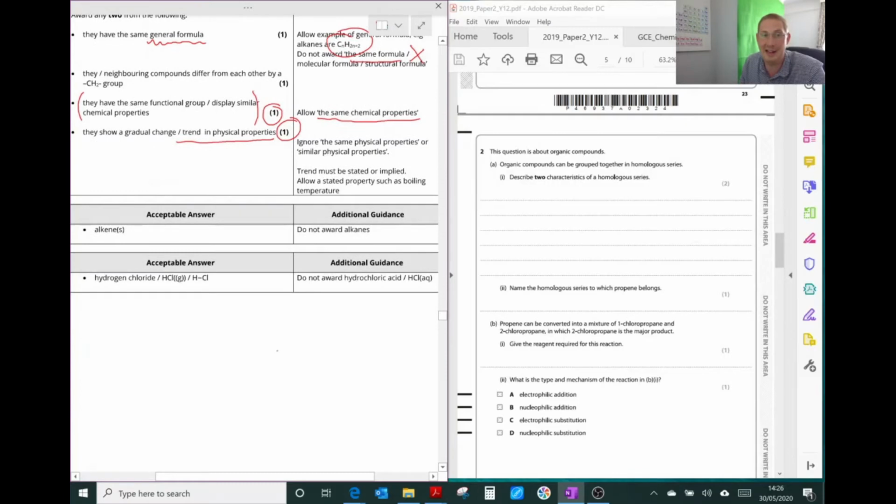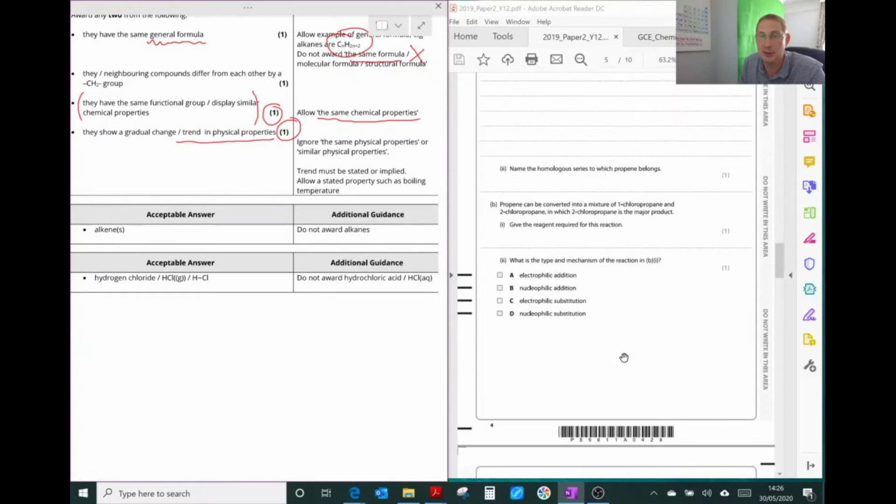Propene is obviously an alkene, and propene can be converted into a mixture of 1-chloropropane and 2-chloropropane, in which 2-chloropropane is the major product. Okay, so what are you adding to this?